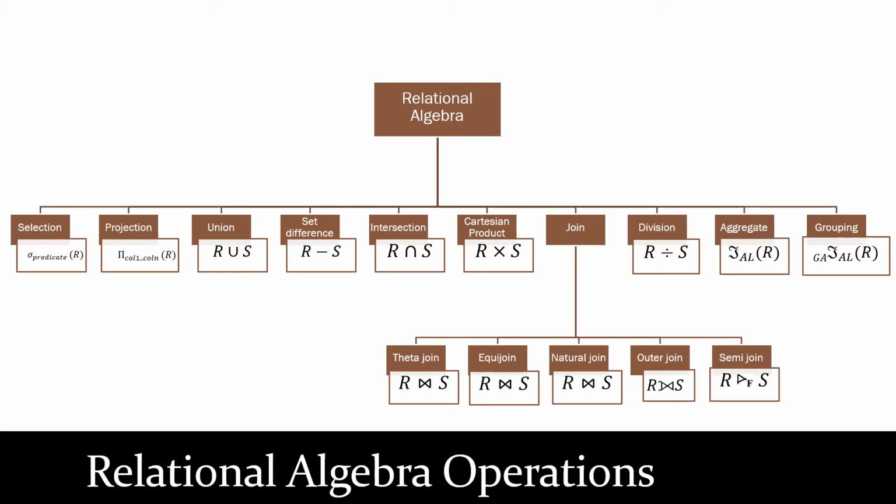This is a general view of the relational algebra. We have selection, projection, union, set difference, intersection, Cartesian product, join, division, aggregate, and grouping. For the first part, we're going to talk about these 6: selection, projection, union, set difference, intersection, and Cartesian product. And then we continue to the second part for join, division, aggregate, and grouping.